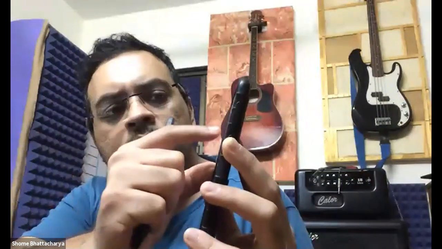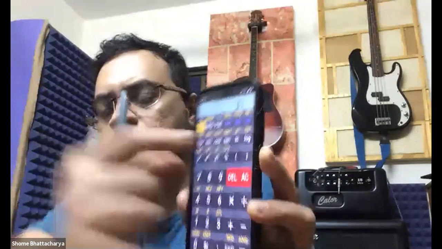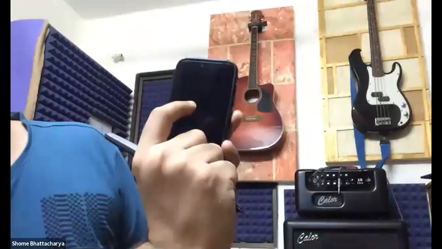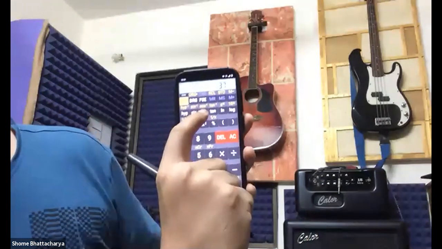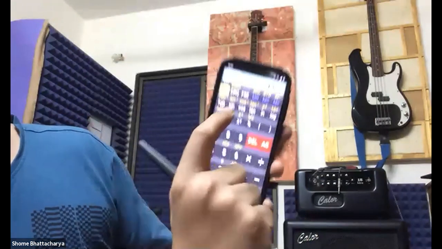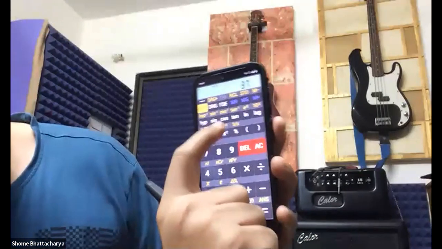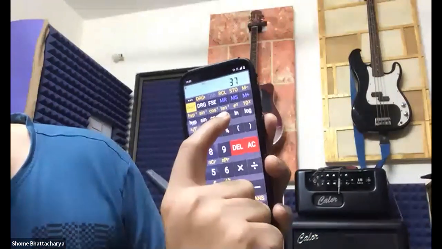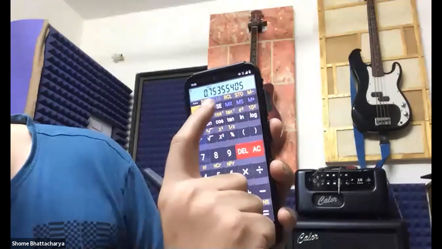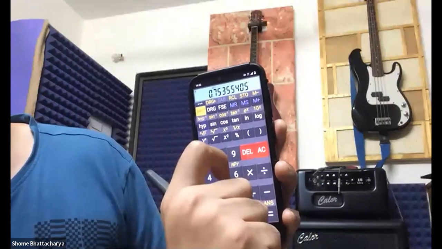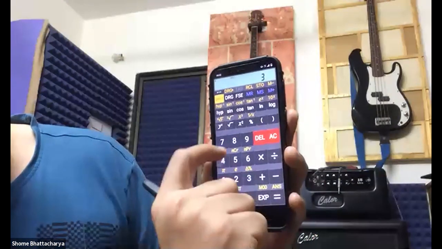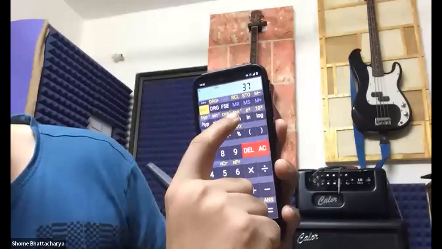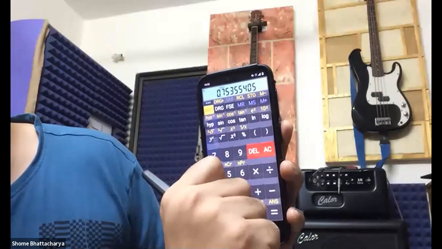So I'll press the tan and see the value you'll get. Do you see the tan of 37? When I calculate the tan of 37, the value I'm getting is 0.753 something. So this justifies that the tan of 37 degrees is approximately 0.75.